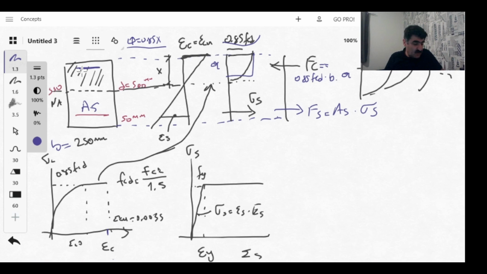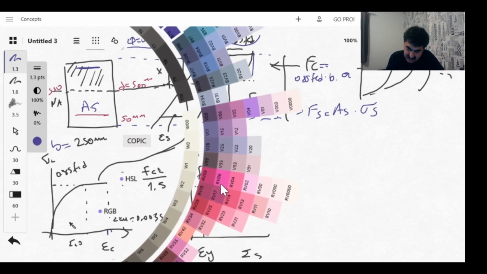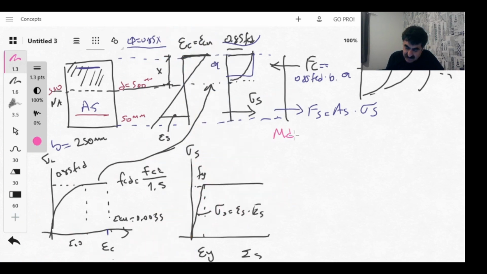So in this case, I need to put reinforcement in the compression side as well. So let me check what the moment capacity will be at the balance point. The design moment is MD equal to 279.8 kilonewton meters. So how am I going to calculate the balance moment? In the balance section, epsilon s will be equal to epsilon y, and epsilon c will be equal to epsilon cu, which is 0.0035.